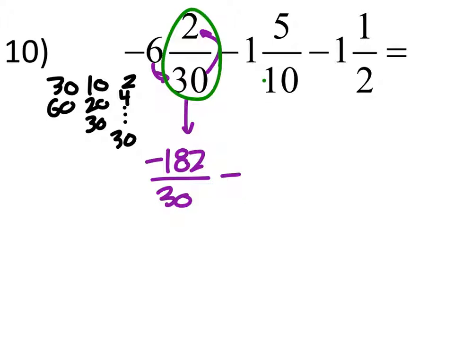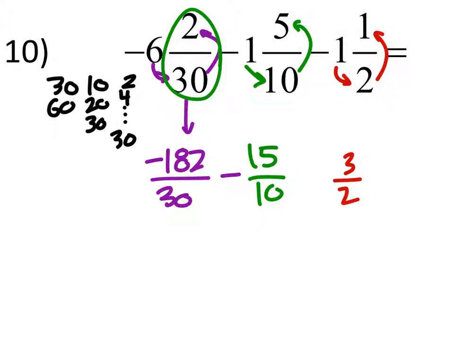So the 10, 1 times 10 is 10, plus the 5 would be 15/10. And then 1 times 2 is 2, plus 1 is 3/2. And we'll keep those operations. Now, we can change these into common denominators. So the 10 I have to multiply by 3, so the 15 by 3 as well.